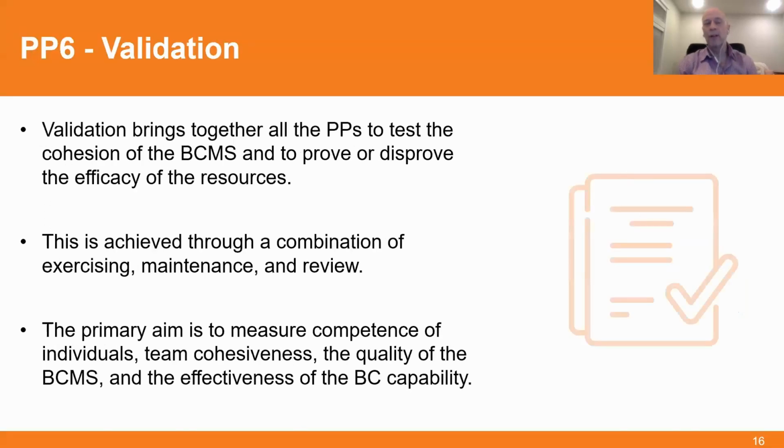It's a longer chapter for you to consider. But then when we come on to validation, it is probably very similar to what it used to be within the GPG 2018. Yes, it talks about validation bringing all the professional practices back together for that cohesion of your business continuity management system.